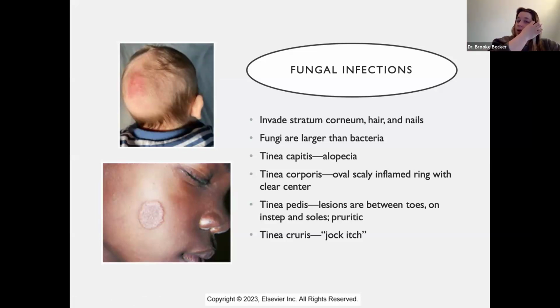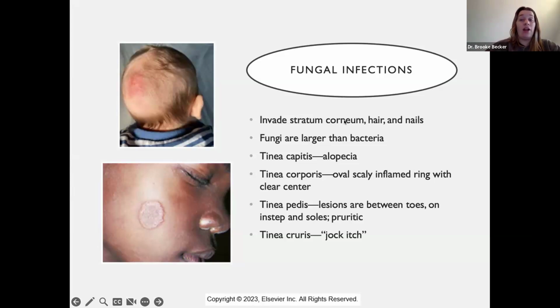Okay. Tinea capitis, so that's fungal that's on the head. Okay. You'll see alopecia, so you'll see hair loss in that area, and you should still kind of see this similar kind of ringworm-esque rash.